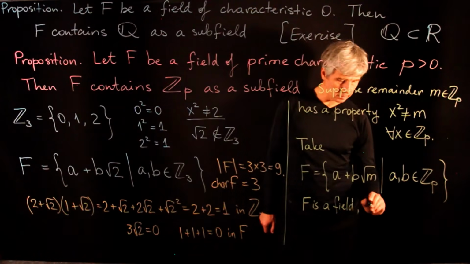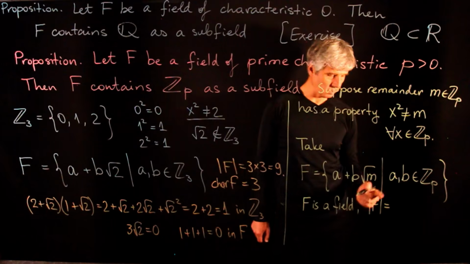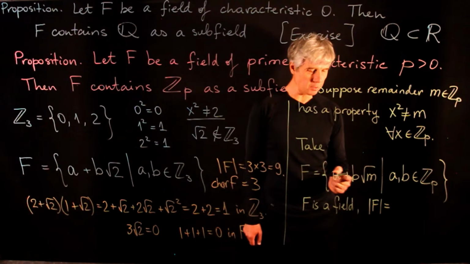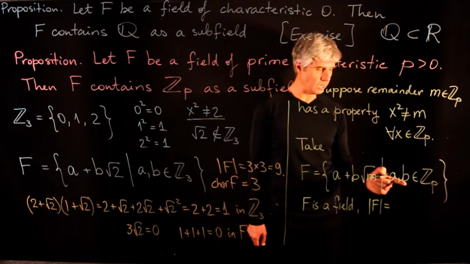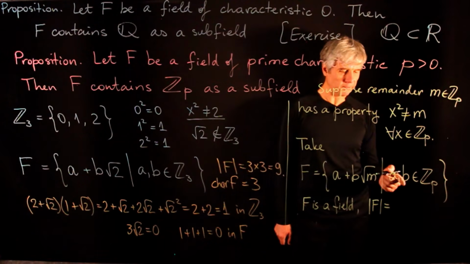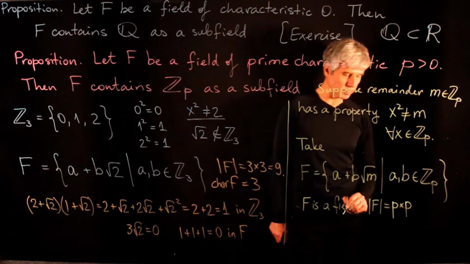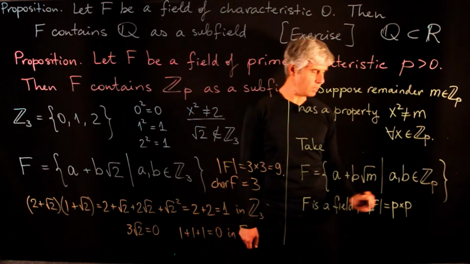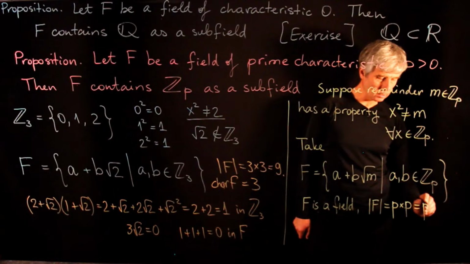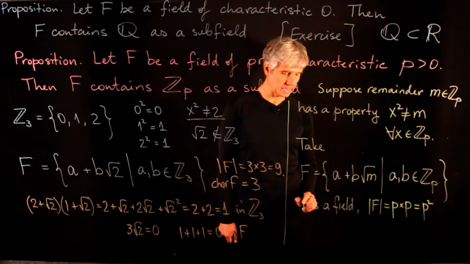So the number of elements in this field is going to be, well, we just take pairs of A and B, where A and B have P possibilities for their values. So this means that the total number of possibilities is P times P. So here we get a field with P squared elements.